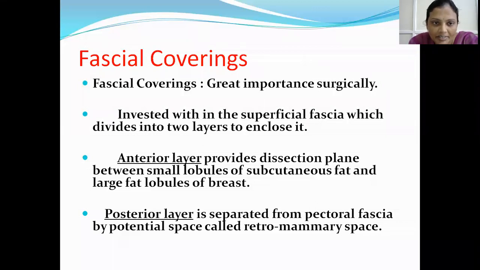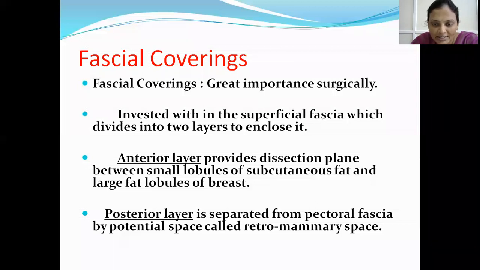Regarding the fascial coverings, it has a surgically great importance. The breast is invested within the superficial fascia, which divides into 2 layers to enclose the breast. The anterior layer provides a dissection plane between small lobules of subcutaneous fat and large fat lobules of the breast.